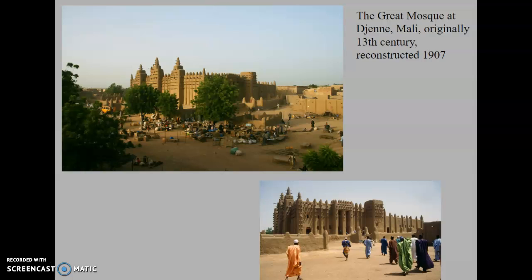We think that an original building that may or may not have looked somewhat like this was built originally in the 13th century, probably when Islam first comes to North Africa. This was described only once in the Western literary tradition by a French explorer who was dismissive, at best, of the building.